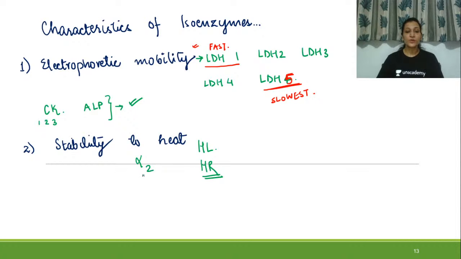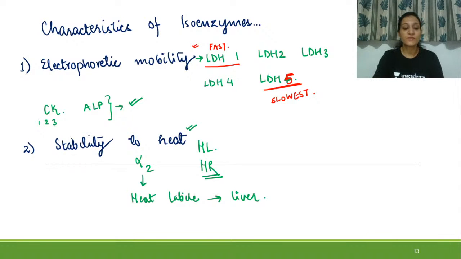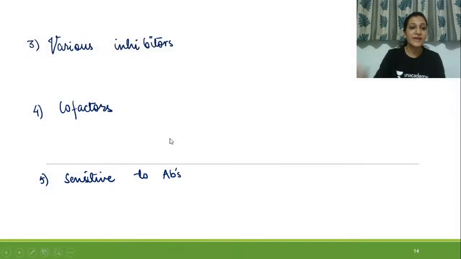Some of them will be stable and some will not be heat stable. One example of a non-heat stable one is alpha 2, a heat labile enzyme, and this variant is present in liver, right?